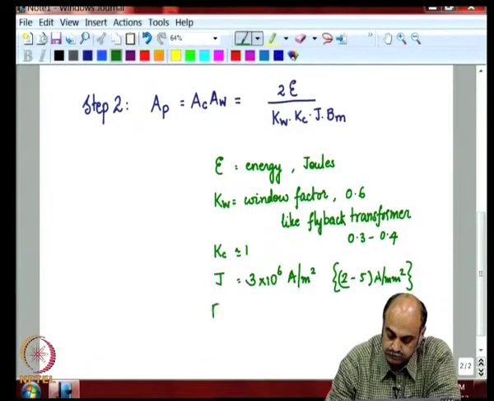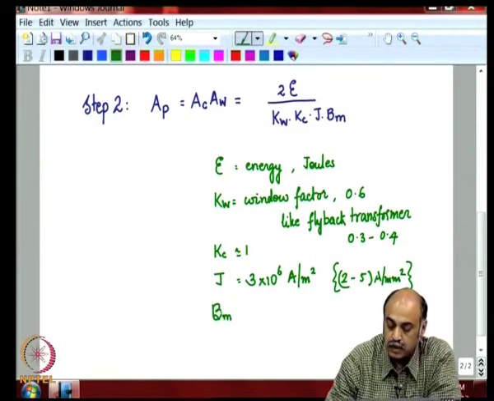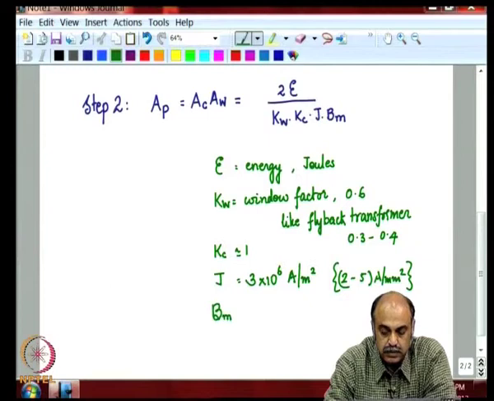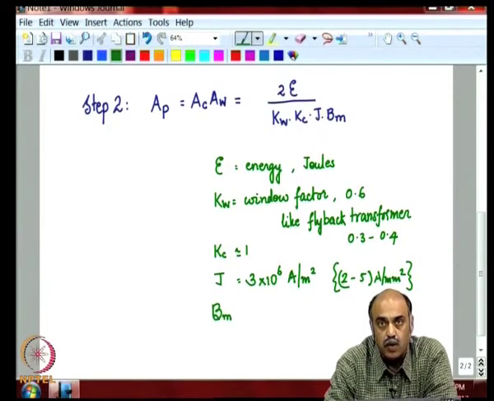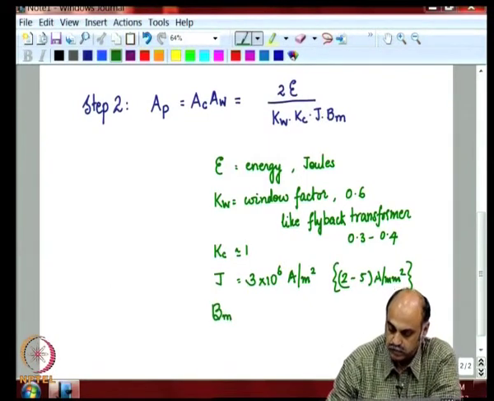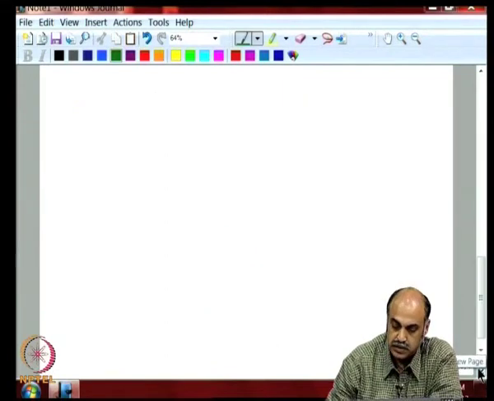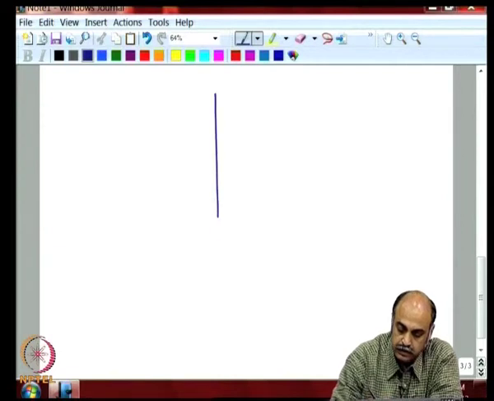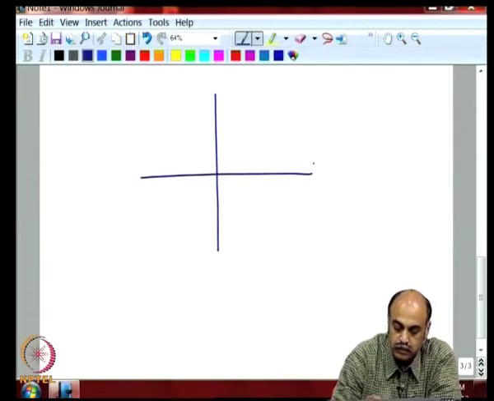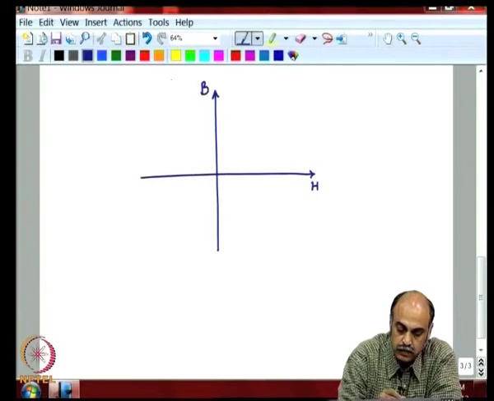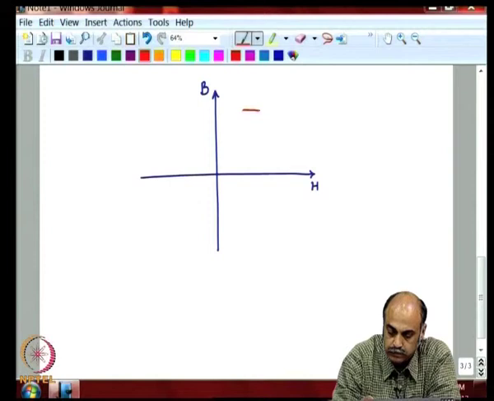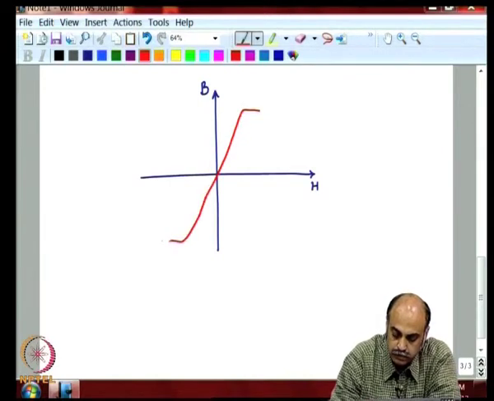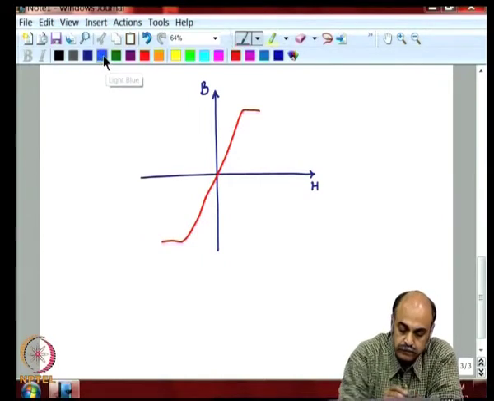Then B_m. B_m is the maximum operating flux. So, if you take the BH curve, a slight deviation, let me have the BH curve, the virgin curve, which is like that.